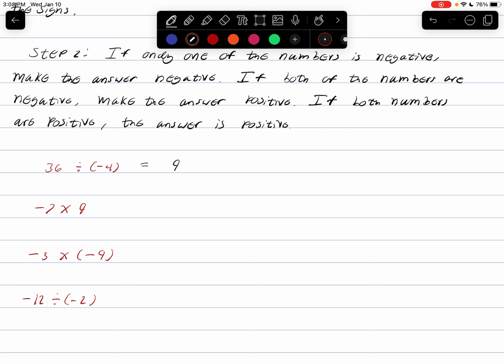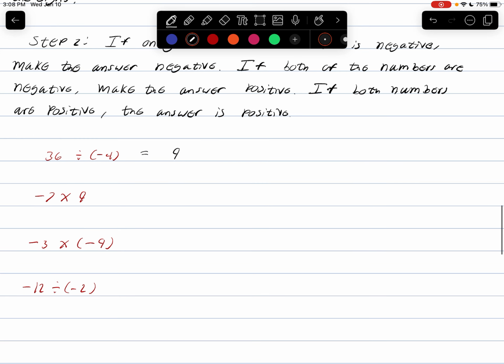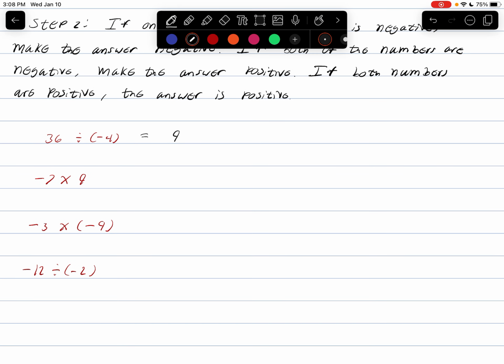Okay, so we did that by ignoring the signs, but now let's take a look at the signs. So here we have positive 36 and negative 4. So one of the numbers is negative and the other is positive. So that means that we're going to make the answer negative.